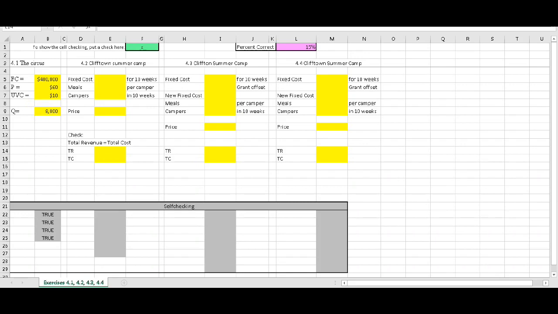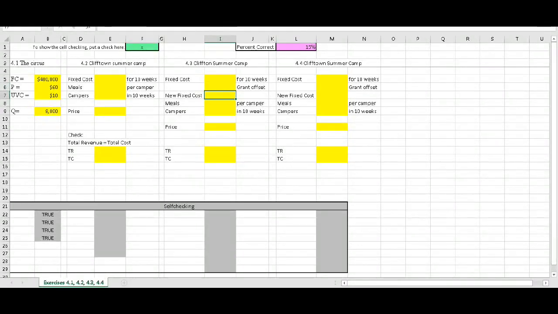Now over here is where things are going to change. In these two, you're going to have a grant offset. It's going to tell you that, for example, here and here you get a 50% grant offset. So your new fixed cost is simply going to be this times 50%, or 0.5.